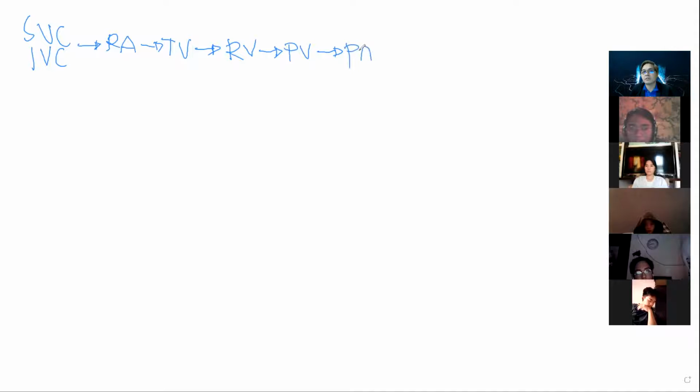This is now the pattern. We are now in the pulmonary artery, going to the lungs, for exchange of gases. Remember that the actual exchange of gases happens in the lungs.